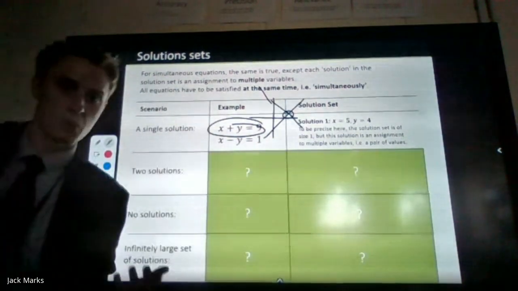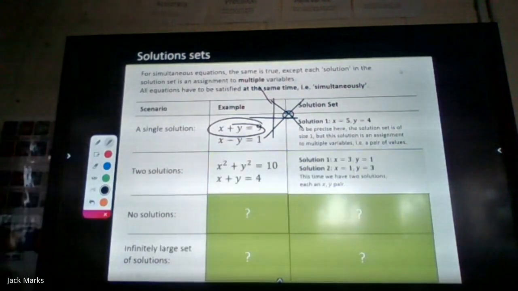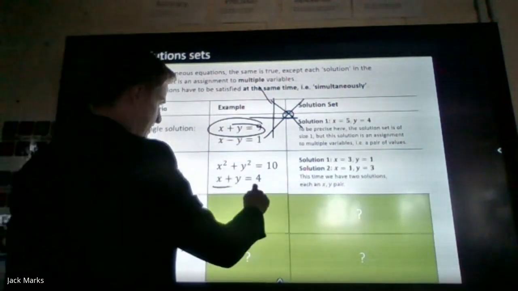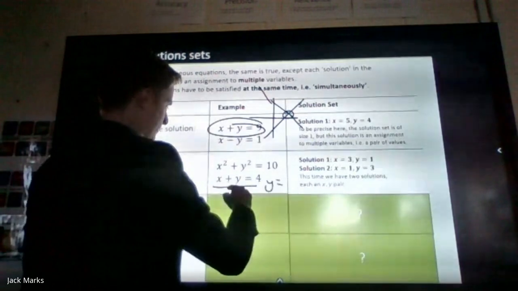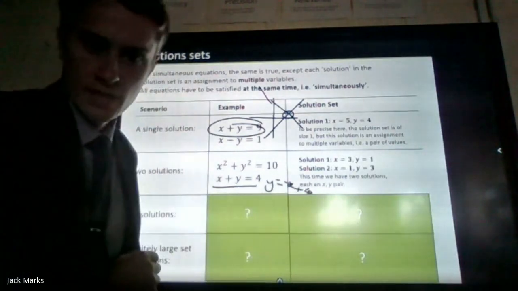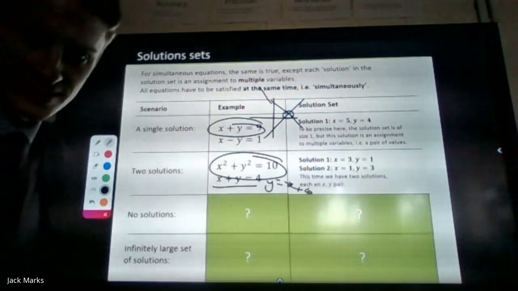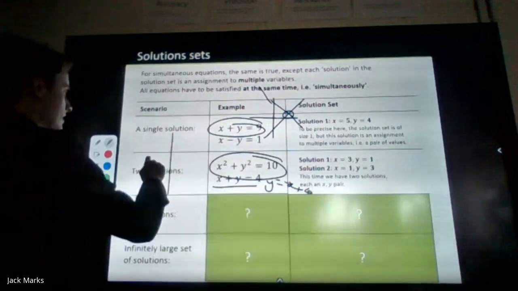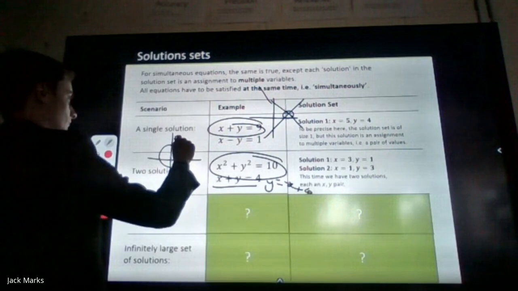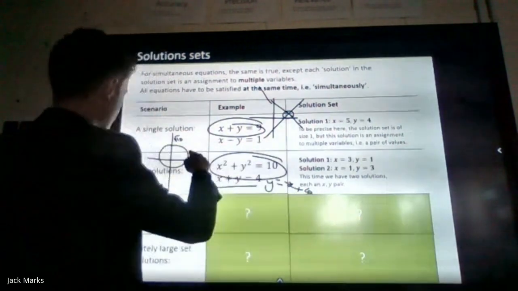2 solutions, well, when might that occur? A good example would be something like this. Would be a straight line here. So this is, if I put it in mx plus c form, this is y equals minus x plus 4. So that's a straight line. This one here, what's that? Well, that's actually a circle, isn't it? So that's a circle of radius root 10, which is about 3 point something, and minus x plus 4.